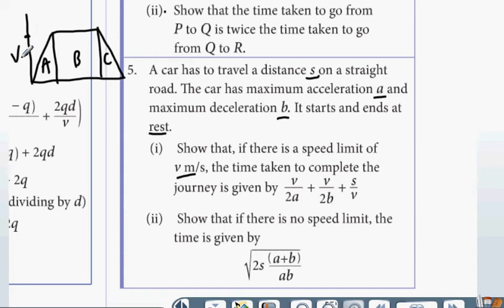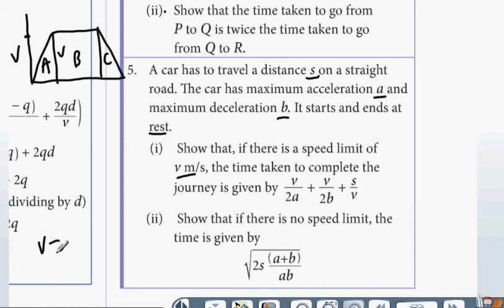Okay, and we have to go about finding our times. So what we can do here, if we know this is v, and we know the acceleration is a, we're going to use v equals u plus at for both of them.